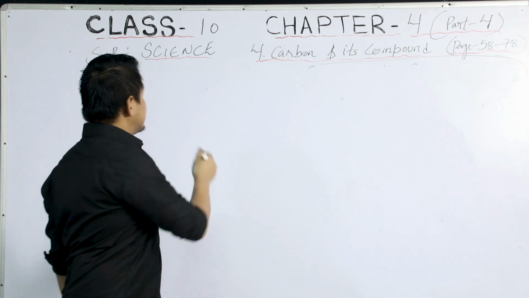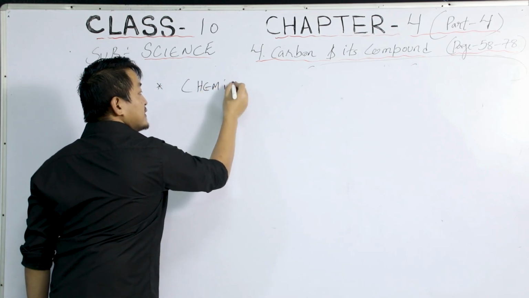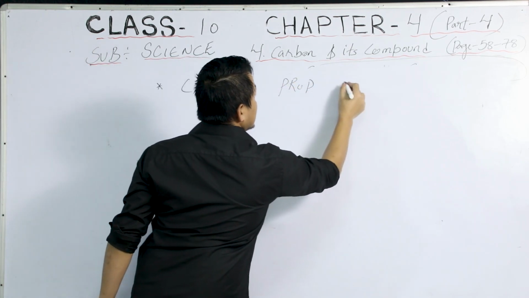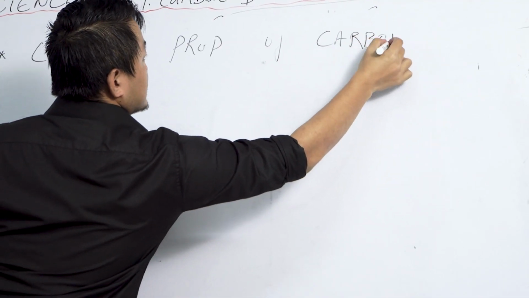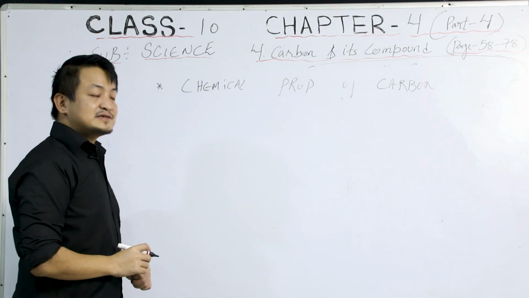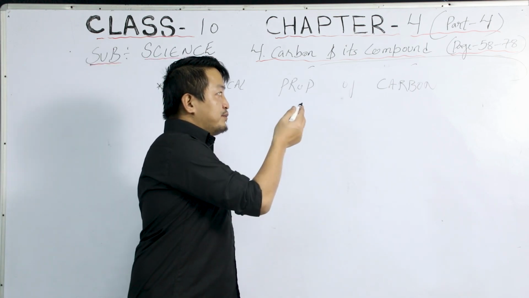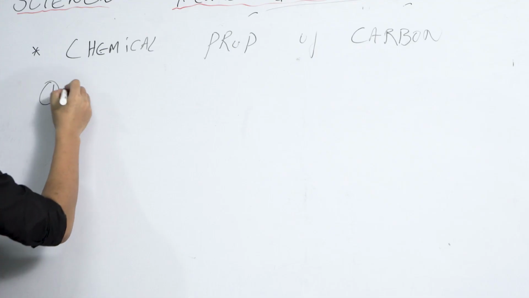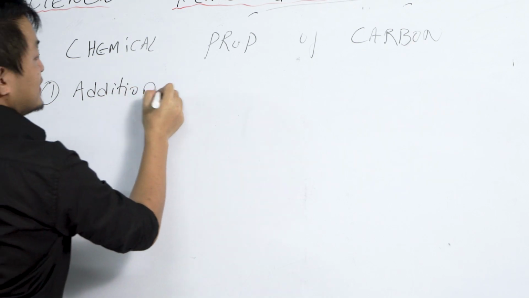So my dear students, the next topic would be chemical properties of carbon. Clear? We'll discuss 4 types of chemical properties as mentioned in your textbook, and you can also refer to pages 58 to 78. The first type would be addition reaction.